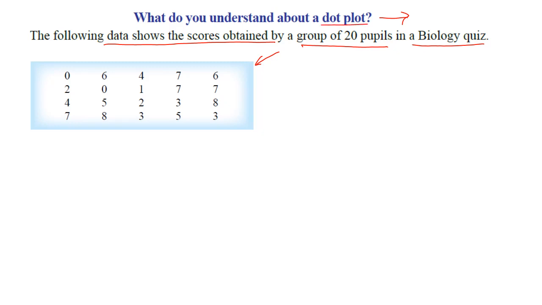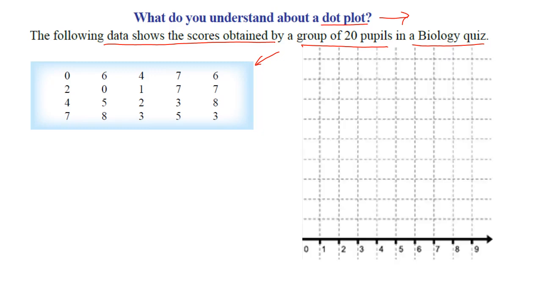Do you still remember how to do a dot plot? Okay, let's recall and do it together. First you must have the graph, and then you must have a uniform scale. If you see, your smallest data is 0, your largest data is 8.